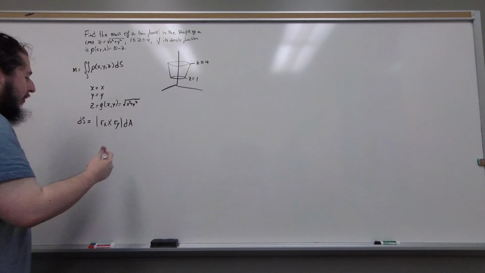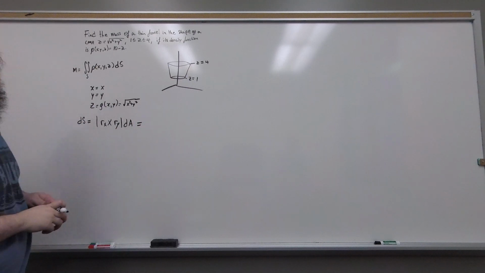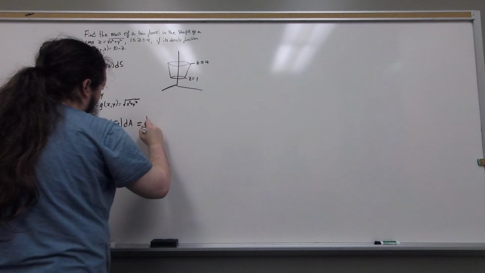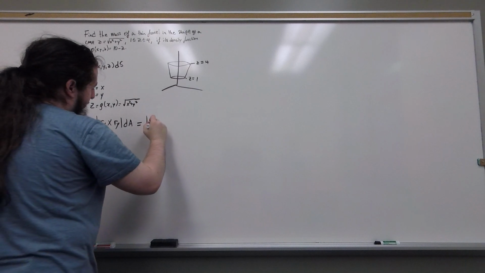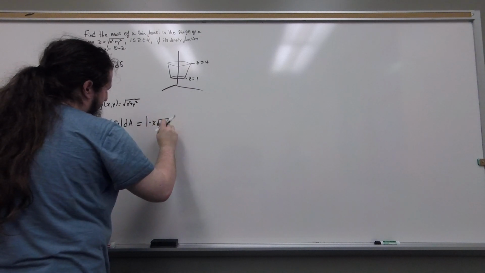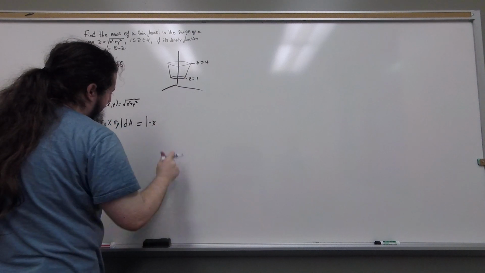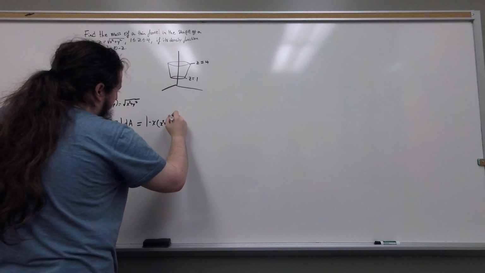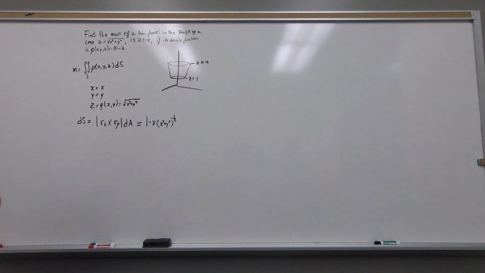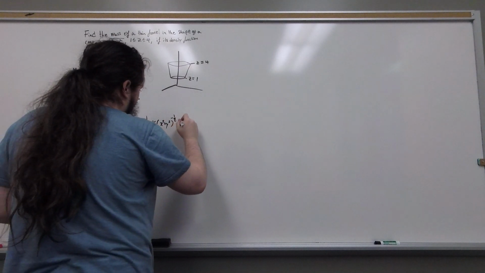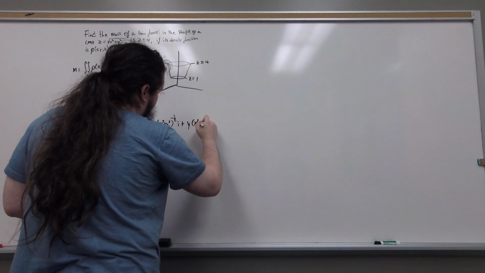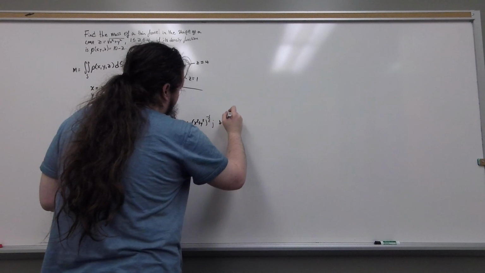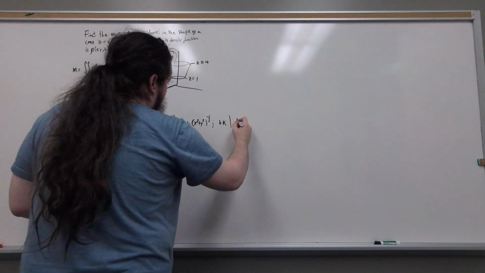And the magnitude of this cross product is equal to the magnitude of minus x times (x squared plus y squared) to the minus 1/2 i, plus y times (x squared plus y squared) to the minus 1/2 j, plus k, dA.